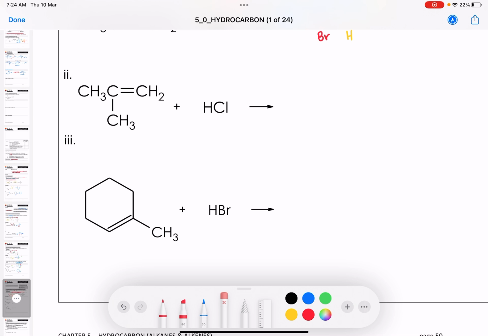Okay guys, you can try to do number 2 and number 3. You can pause first and then you can see my answer later. So for this one we have H and we also have Cl.